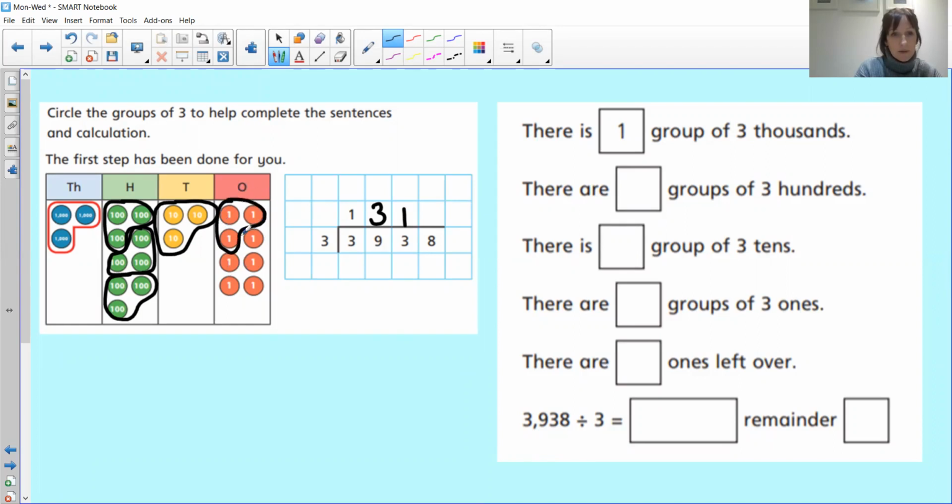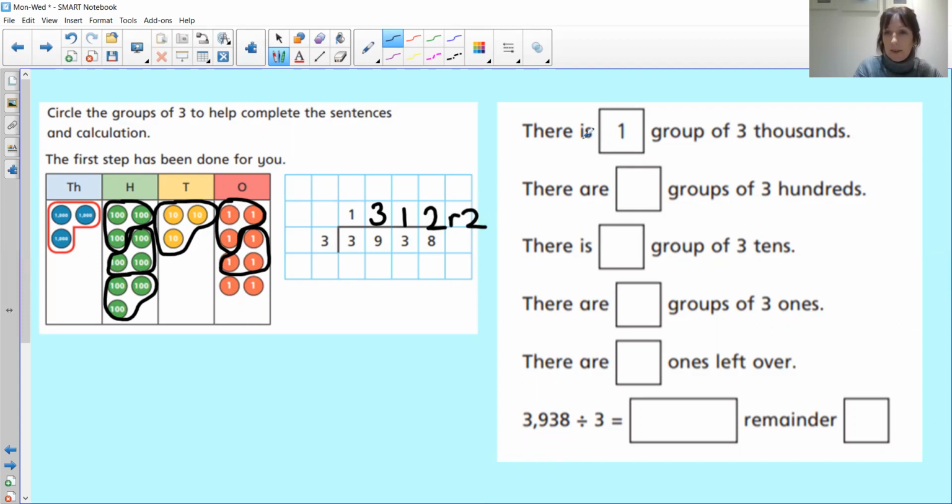So there's 1, 2, and I haven't got enough left to make another group of 3. So they are my remainders. So how many groups of 3 can I make out of 8? I've got 2, haven't I? And I've got 2 left over, which we call remainders. And when we're writing remainders in our calculation, we can just write the R.